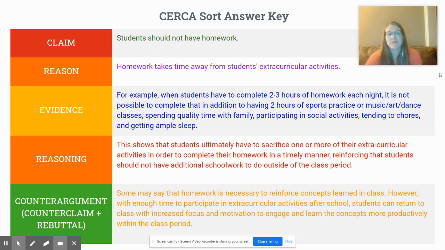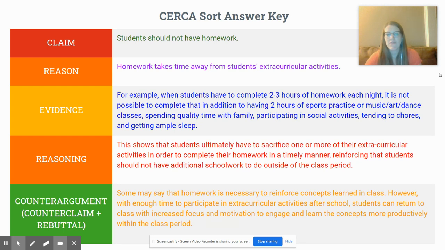For example, when students have to complete blah, blah, blah. This shows that students ultimately have to sacrifice one or more of their extracurricular activities in order to complete their homework in a timely manner, reinforcing that students should not have additional schoolwork to do outside of the class period. And then finally, that counter argument at the end.